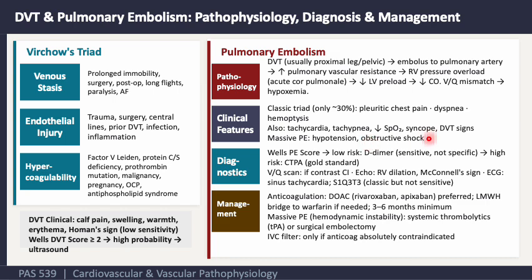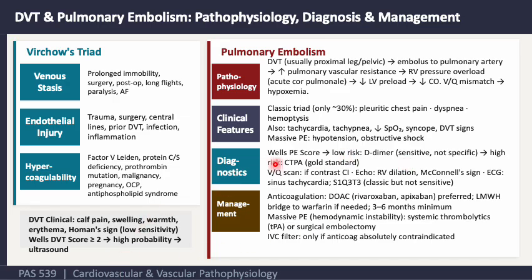A lot of them will already have signs that they have a DVT. If there is a massive PE where it is taking up most of the pulmonary vasculature, the patient will present with hypotension. They can also present with an obstructive shock, and I'll talk about the obstructive shock a little bit later.